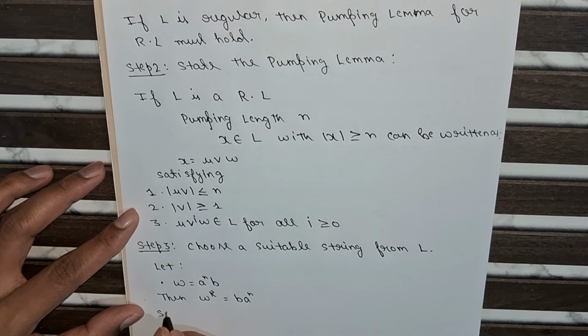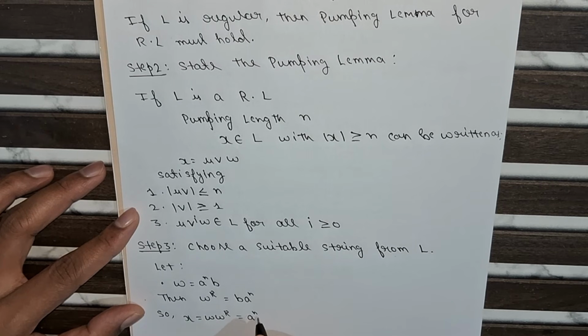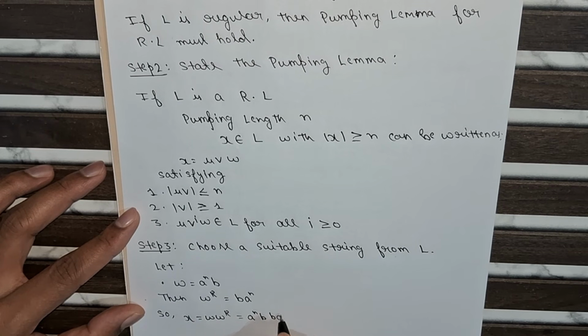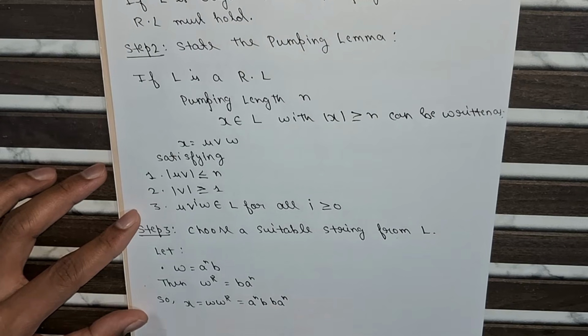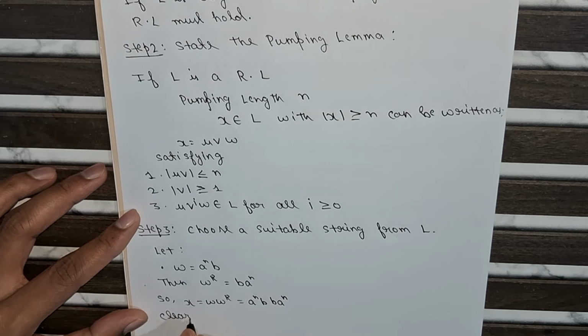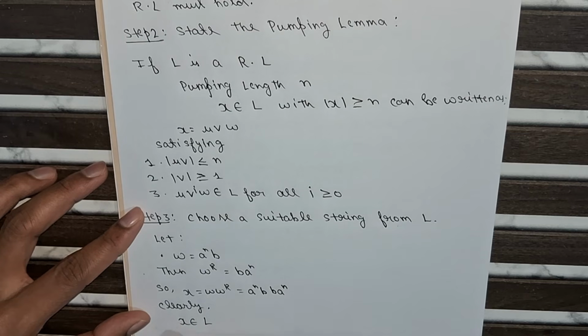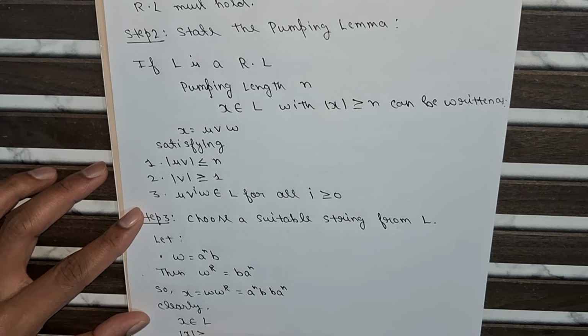So x = w w^R = a^n b b a^n. Clearly x belongs to L and the length of x is greater than or equal to n.